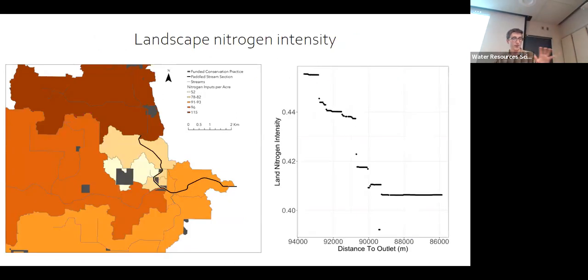So looking at a section of stream that we've paddled in the headwaters of Highland Creek, you can see this black line is the section of stream we paddled, starting in this judicial ditch and then entering into Highland Creek and ending at this downstream location.